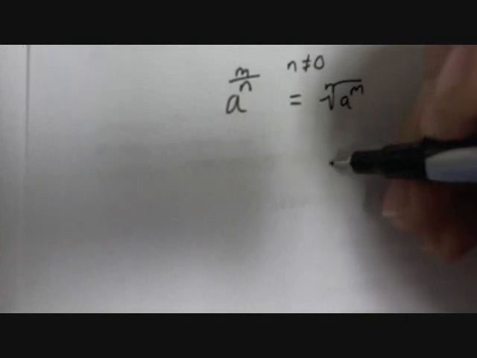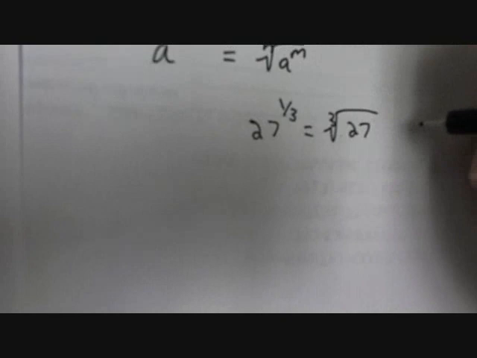So a raised to the m over n power is the same thing as the nth root of a raised to the m. One example is 27 raised to the 1/3. So it's the cube root of 27, which we all know is 3.